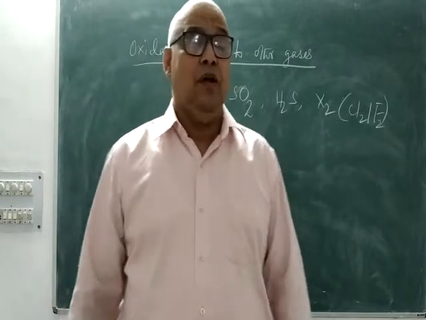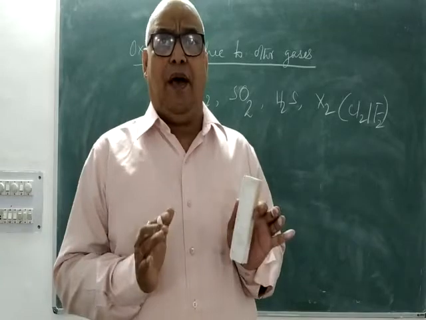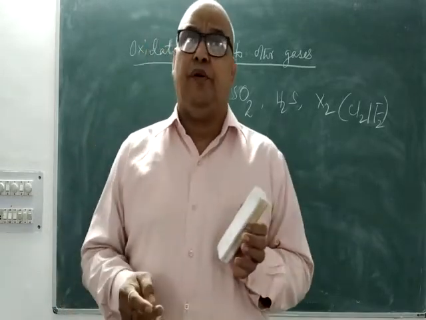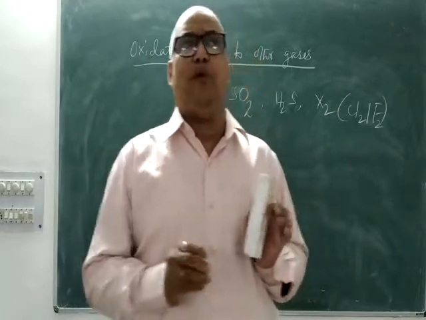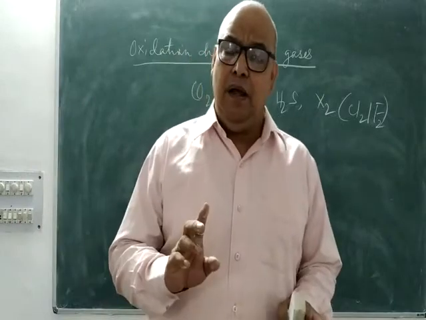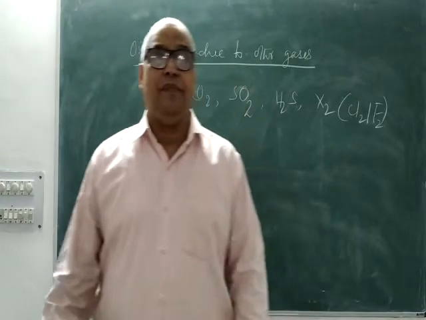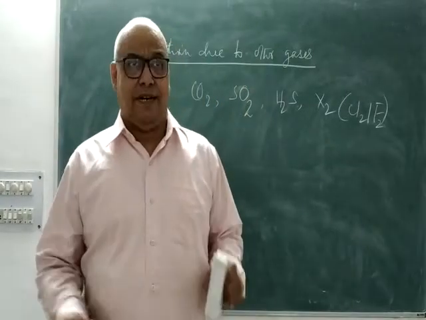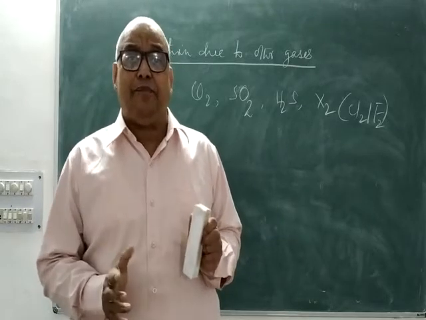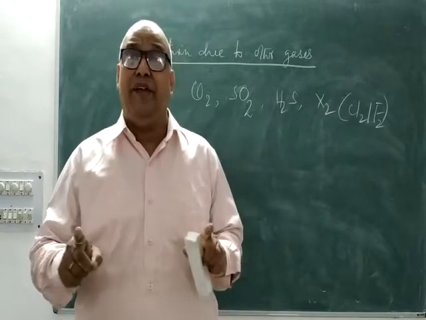The intensity of corrosion due to this will depend on two factors. Number one, the chemical affinity of the metal and the gas involved, and how devastating the action is will be decided by the nature of the film being produced on the metallic surface.